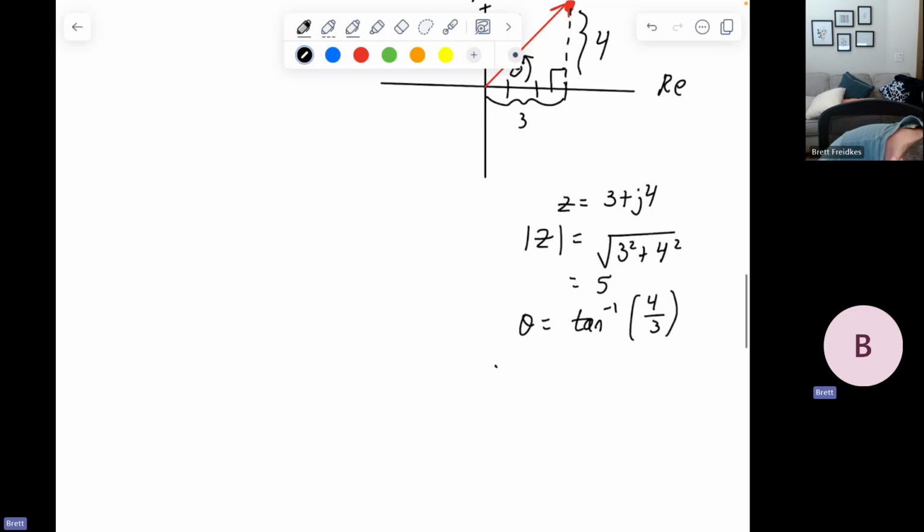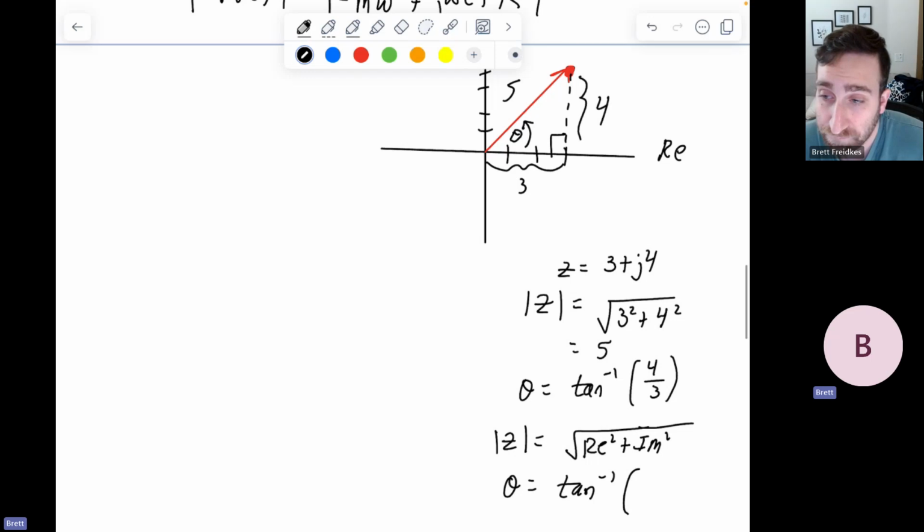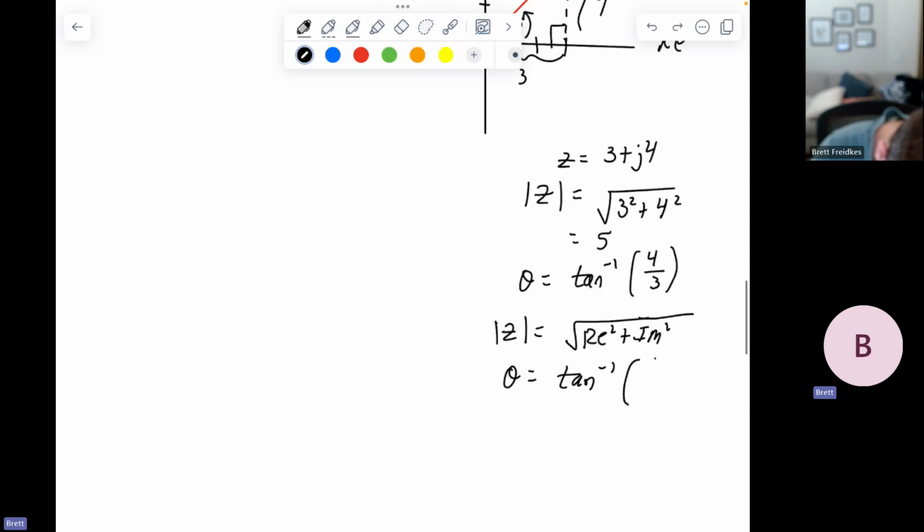So to generalize this, the magnitude of some complex number is the square root of the real part squared plus the imaginary part squared. And then the phase is the arctangent of, now is it the imaginary part or the real part? Well, we see opposite, that is on the y-axis, that is our imaginary part over our real part.